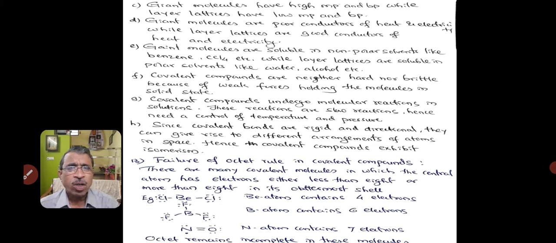So in nitric oxide, the nitrogen atom contains 7 electrons. The octet remains incomplete in these molecules.